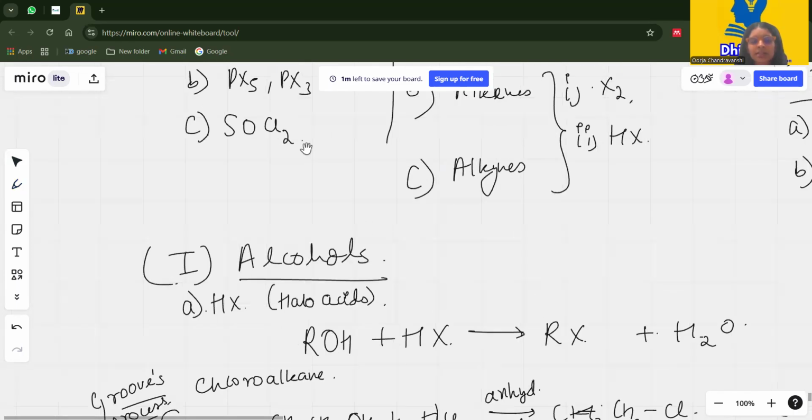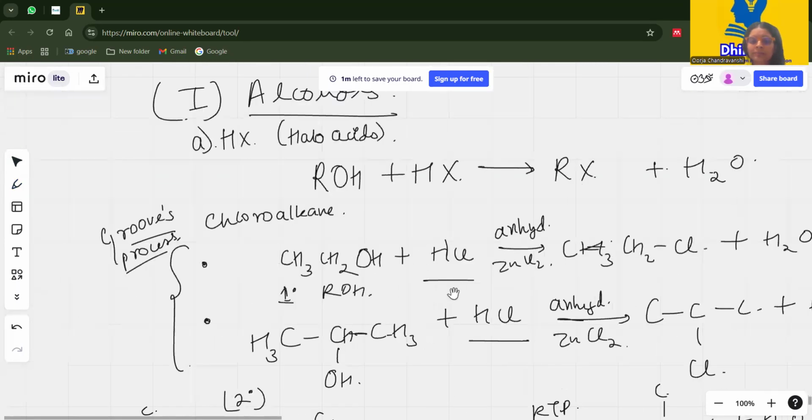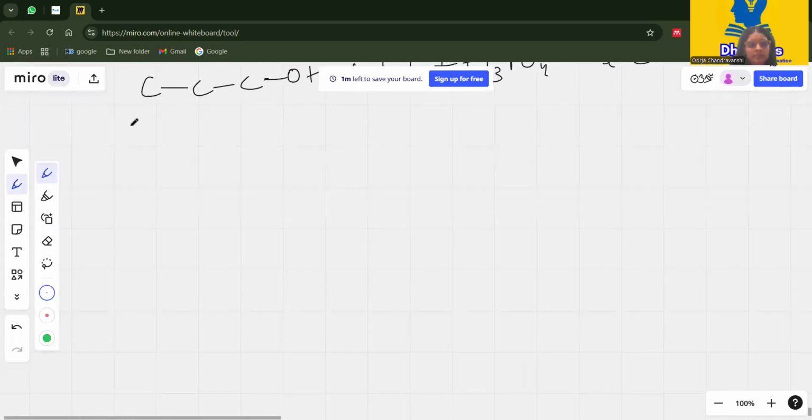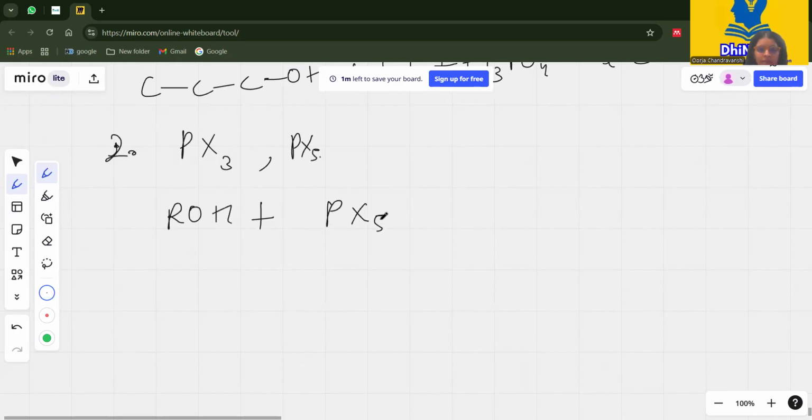Moving on, we'll be seeing reactions with PX5 and PX3. Second in this would be phosphorus halides. So ROH plus PX5 gives me POX3 plus RX.